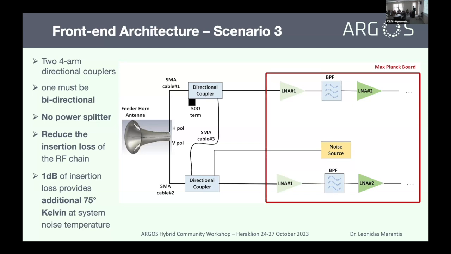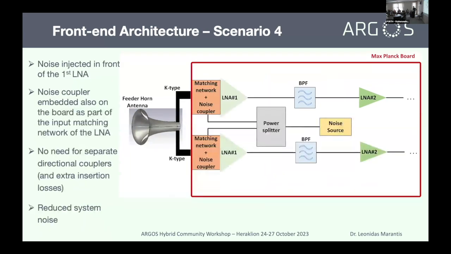And at the end, there is a final scenario. It seems that we are going for a solution like this. We're going to have the whole noise injection and the coupling embedded on the Max Planck board.